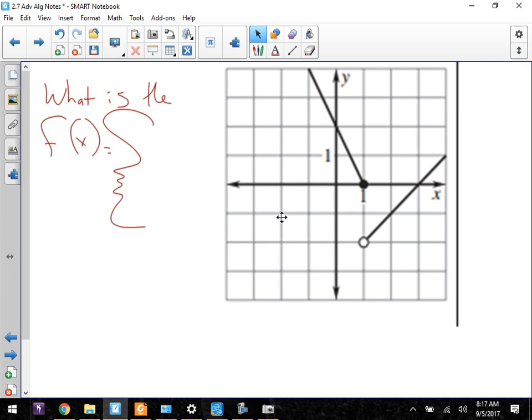Take a look at this, and I want you to write out the piecewise function for it.